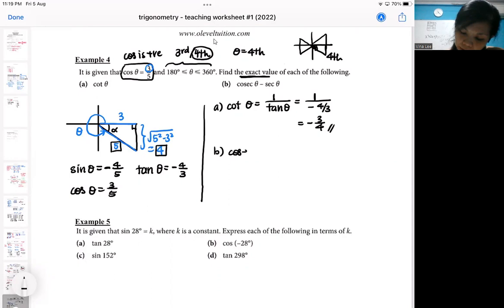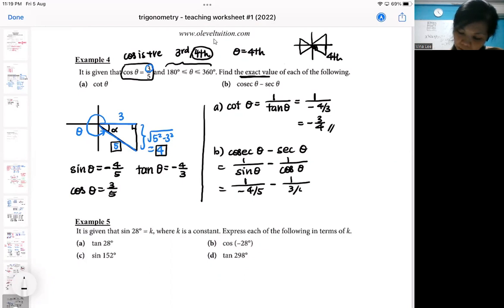So cosecant theta minus secant theta. It should be 1 over sine theta subtracting 1 over cosine theta. So plug in your sine theta, minus 4 over 5. Plug in your cosine theta. You will get minus 5 over 4.